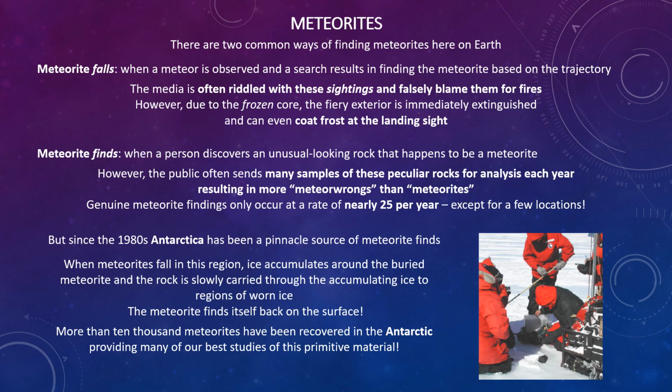The media often reports that there are potential meteorite falls and sometimes falsely blame them for fires, but they are actually not very hot because they have frozen cores. So that fiery exterior from the friction in the atmosphere is immediately extinguished. And they even land with coatings of frost when they are found at the landing site.